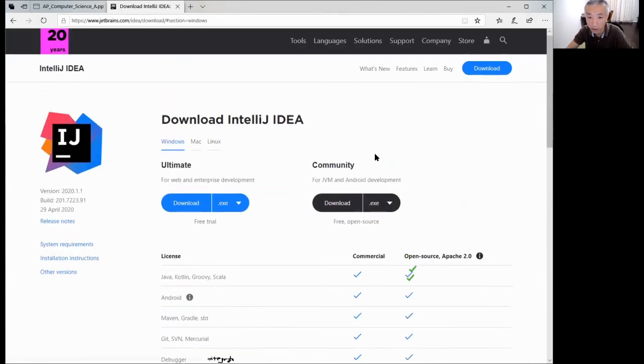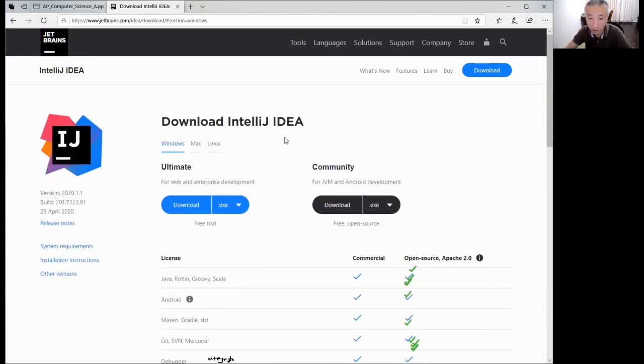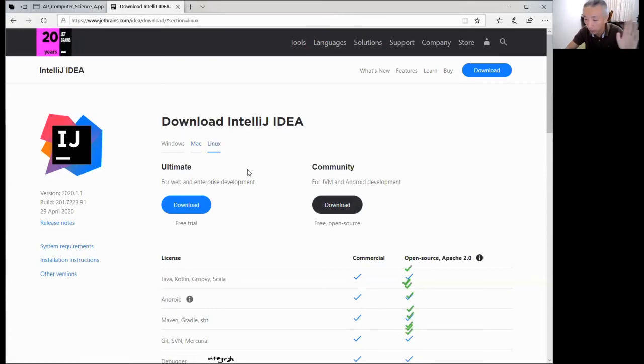Okay, download this. Remember, if you are using Mac, an Apple laptop, click here and download this one link. If you are using Linux, which I highly doubt, if you're already using Linux, probably you don't need to take this class, right? So go to Windows or Mac and download this one, and then try to install it on your laptop.